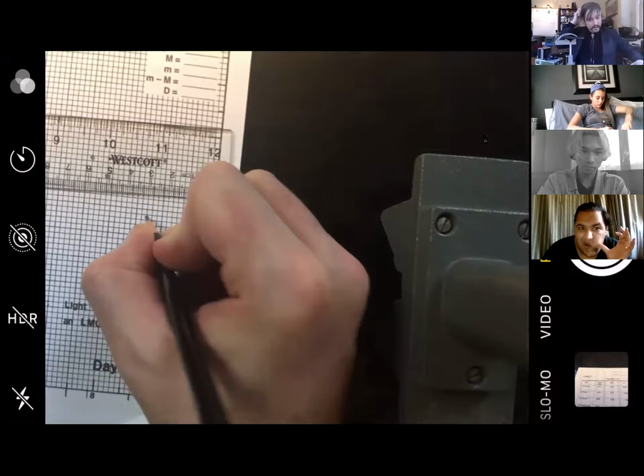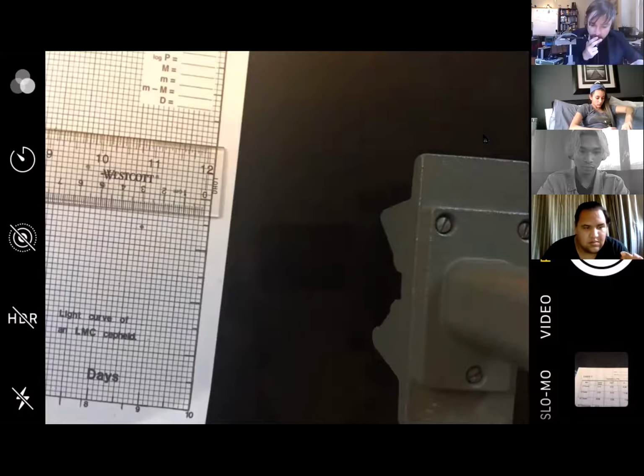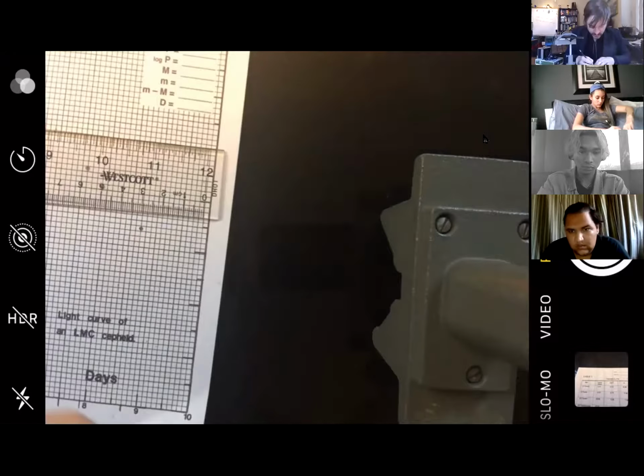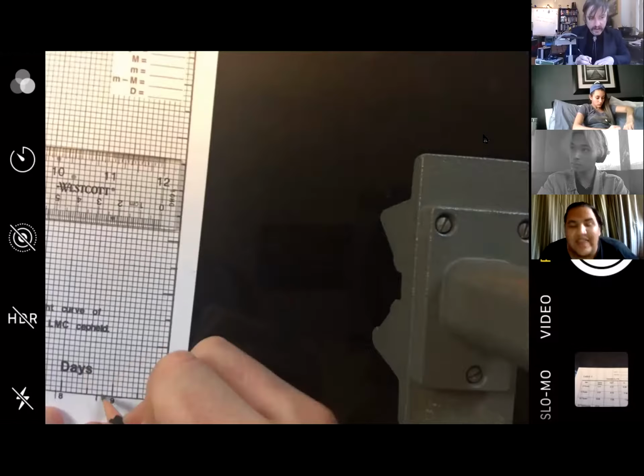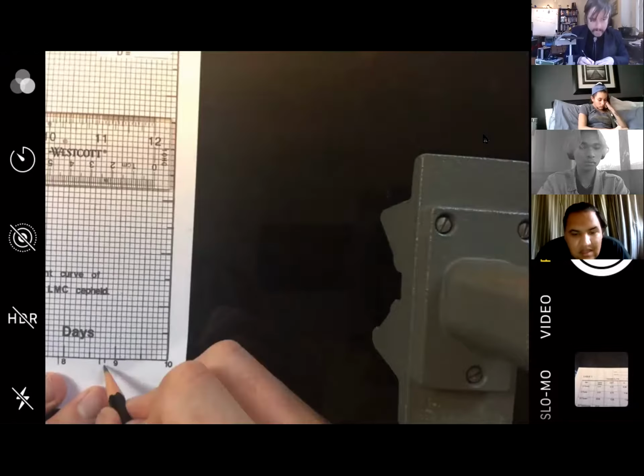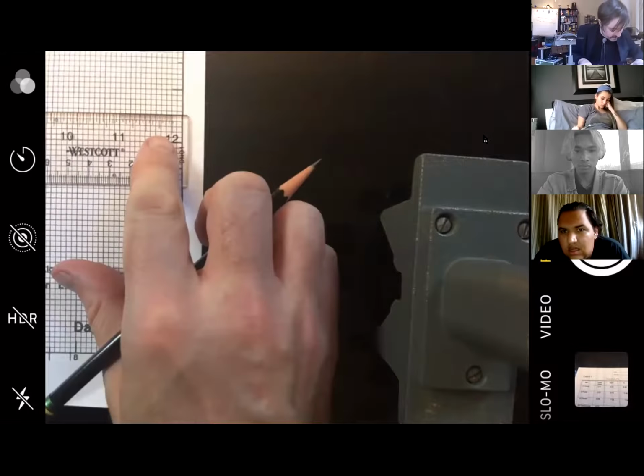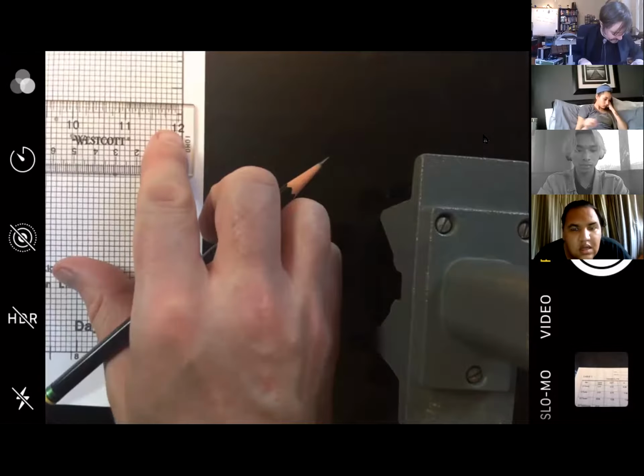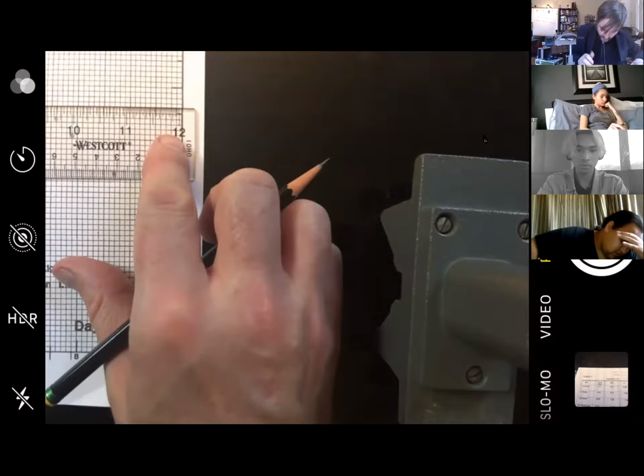I'll go just below that. 8.8 brings us here to the next tick mark. That's 8.8. And that's 15.56. 15.52, 54, 56 on the nose.